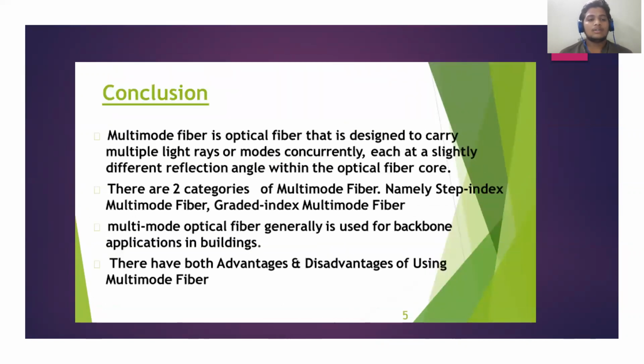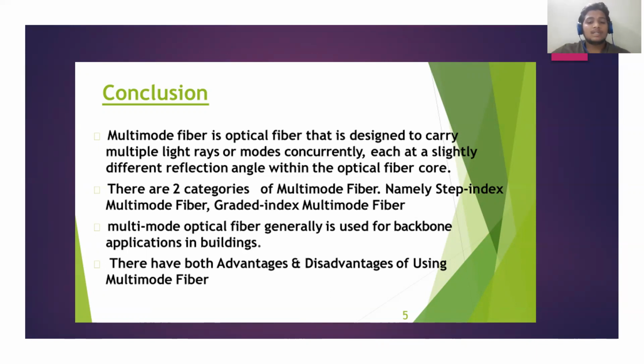And coming to the conclusion, multimode fiber is an optical fiber that is designed to carry multiple light rays or modes concurrently, each at a slightly different reflection angle within the optical fiber core. There are two categories of multimode fiber, namely step index multimode fiber and graded index multimode fiber.